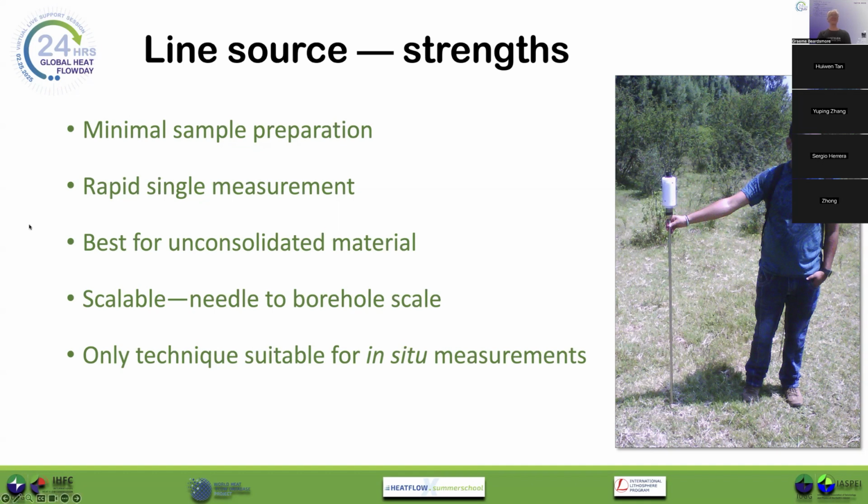So the time required scales up along with the physical size. But really, at the end of the day, these line source type instruments are the only technique that is suitable for in situ measurements in the ground.